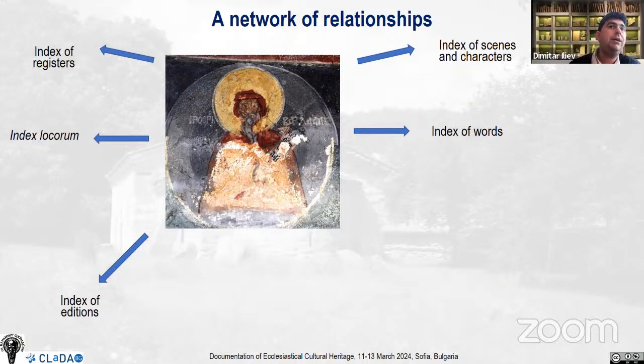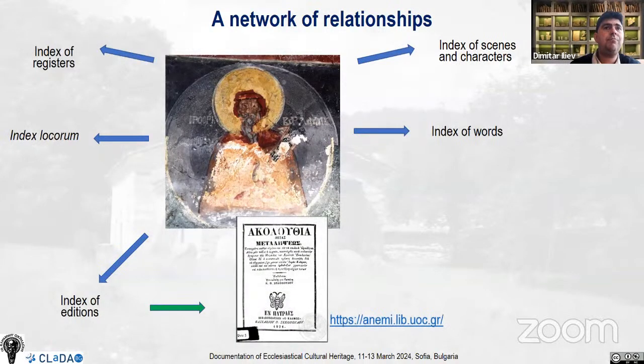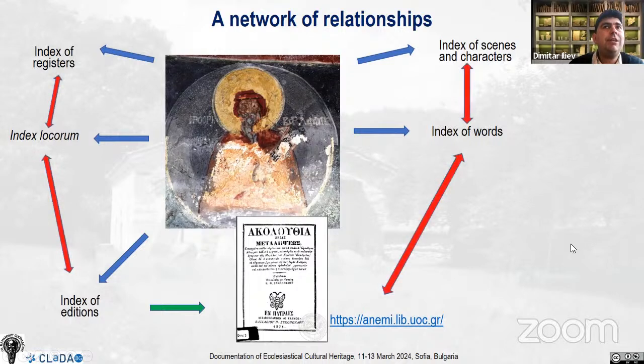And it also helps that some of them are already digitized and published in the web space. You see here the good online catalog of the online library of Anemi, where you see exactly this akouloutia thias metalipsos, which is where this text was taken from, and we can interrelate between all these indices.